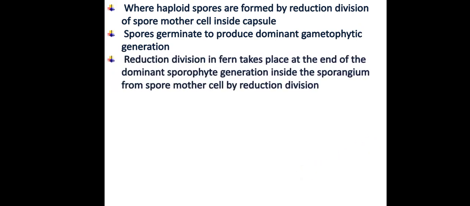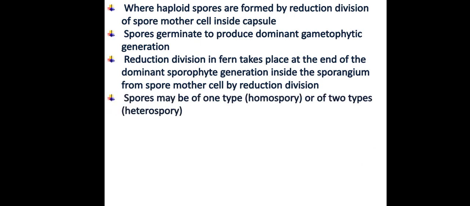Spores germinate to produce the dominant gametophytic generation. Reduction division in fern takes place at the end of the dominant sporophytic generation inside the sporangium from spore mother cells by reduction division or meiosis.